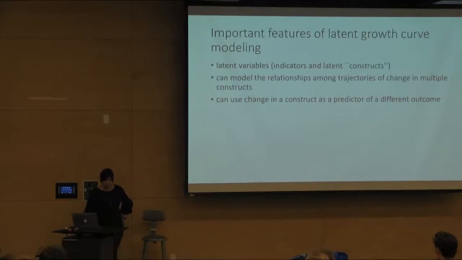So the basic ideas behind this are that you have latent variables. So you observe things that are your indicators. Your indicators may be things like functional connectivity measurements within a specific network at each time point. But you have a construct, which is a latent variable, like maybe a factor.